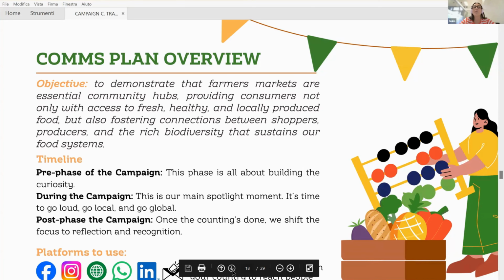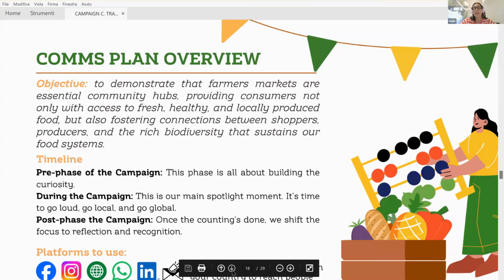The timeline for this communication aspect is divided in 3 moments, like we did for the other campaign. So we have the pre-phase of the campaign where we want to create and put curiosity into the mind of the people that are seeing this campaign online.